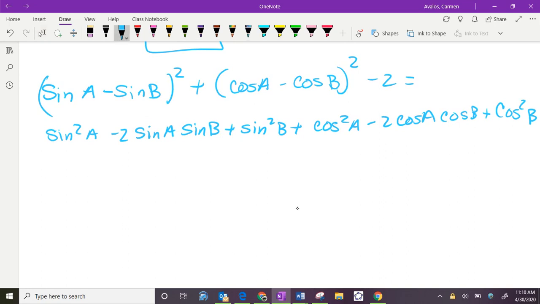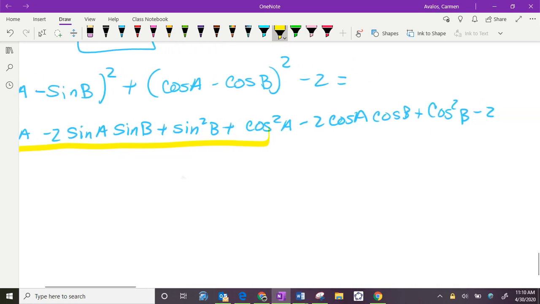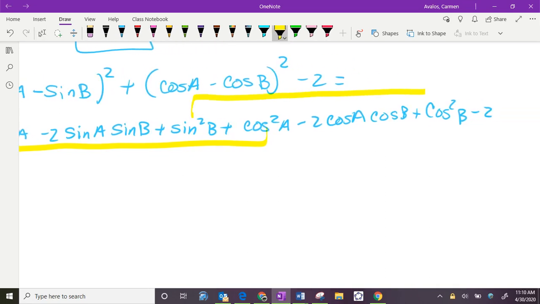So when you have this, now you have to combine like terms. Notice how we have this part right here, and that's the Pythagorean theorem. And then we have this one right here, so we know that's the Pythagorean theorem. So we get a 1 here and a 1 there. And so that one and that one are going to cancel with this 2.